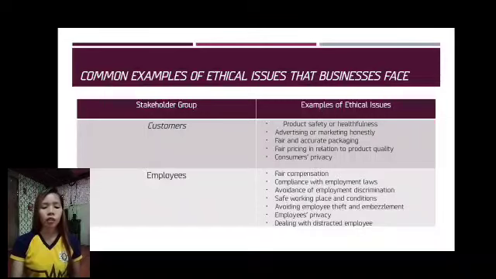For employees: fair compensation, compliance with employment laws, avoidance of employment discrimination, safe working place and conditions, avoiding employee theft or embezzlement, employees' privacy, and dealing with distracted employees.